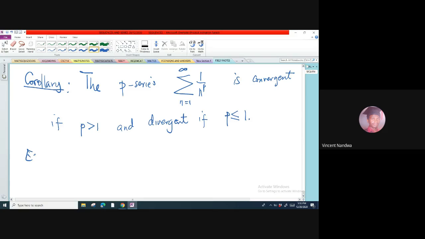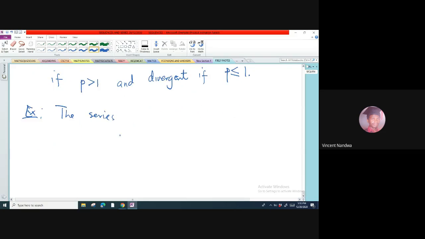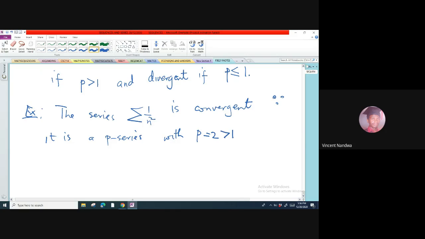So as an example, the series is convergent because it is a P series with p equals 2, which is a value greater than 1.